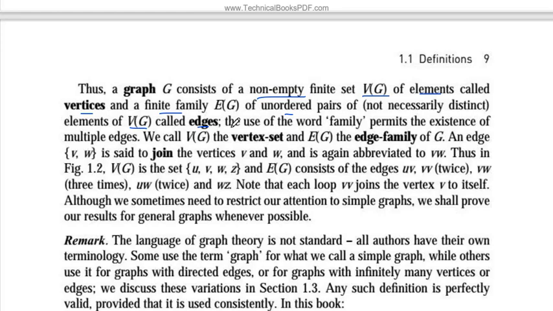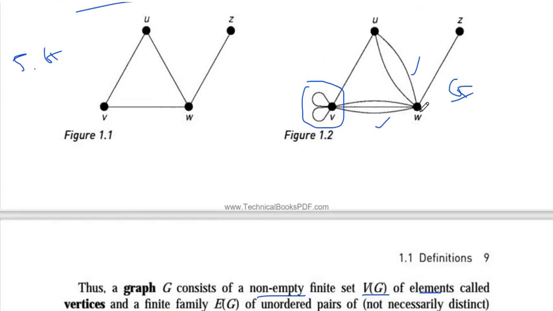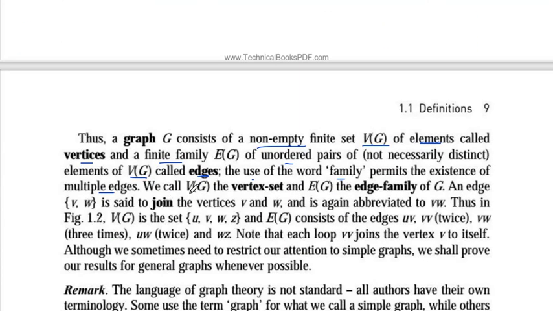The use of the word family permits the existence of multiple edges. For multiple edges we have to write it as a family. So V of G is our vertex set, and E of G is also called the edge family of graph G. Till now we have discussed two definitions, vertex set and edge family of a particular graph.